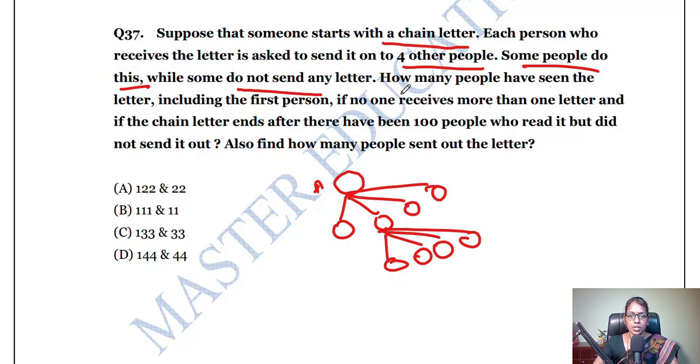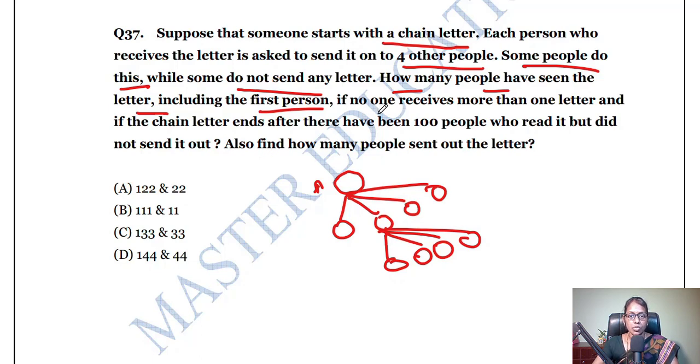The next statement says, how many people have seen the letter? Totally it may be 4 into x. Initially the root is 1. How many people have seen the letter including the first person?